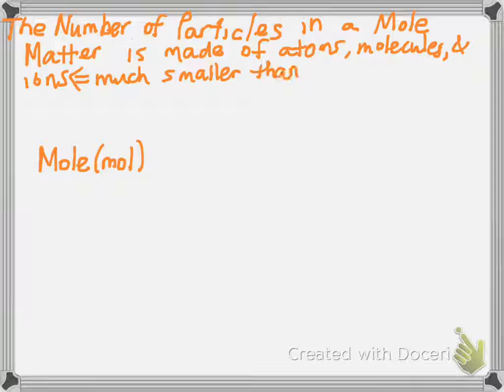If you remember, we kind of ended our last section of notes with an example where we figured out how many seeds there were in 14 kilograms of apples. That's something that potentially you could count. However, when we're talking about atoms, molecules, and ions, which are tiny and we can't see them even with a microscope, it's not really practical to count them.